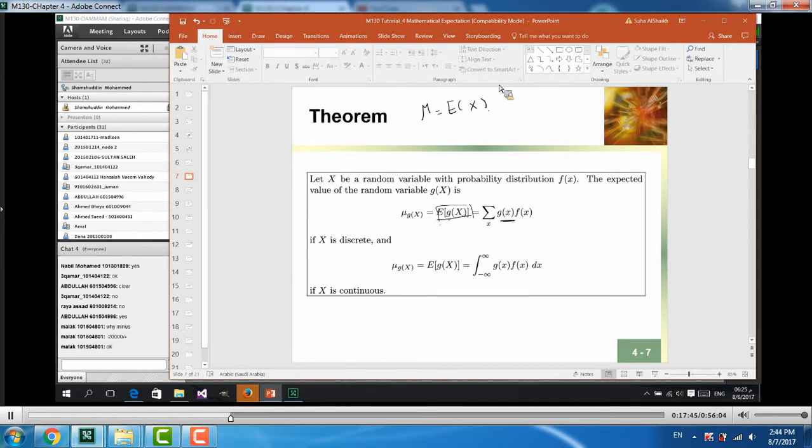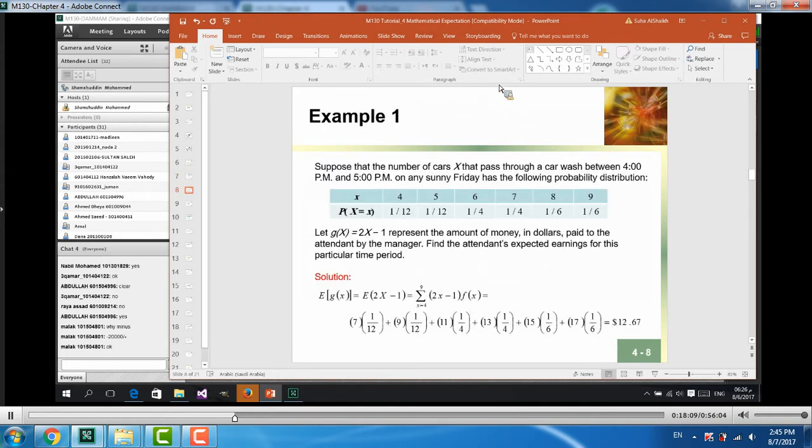The expectation of g(x) is the sum of g(x) multiplied with f(x). The expectation of x is the sum of x f(x). If x changes to be g(x), the same thing, we multiply g(x) with f(x). For the continuous case, it is the integration from minus infinity to infinity of g(x) f(x).